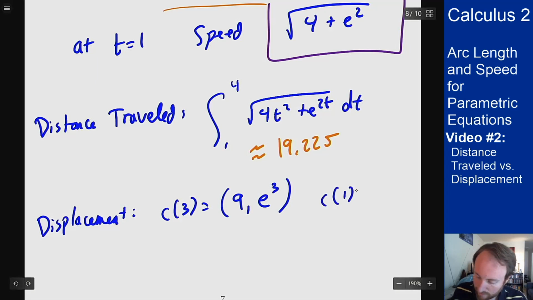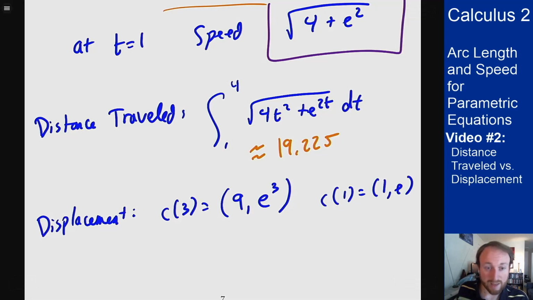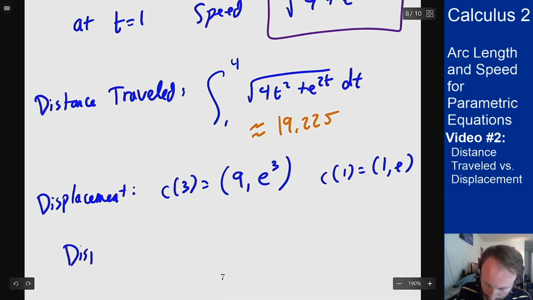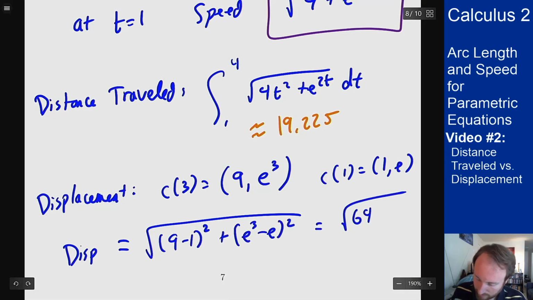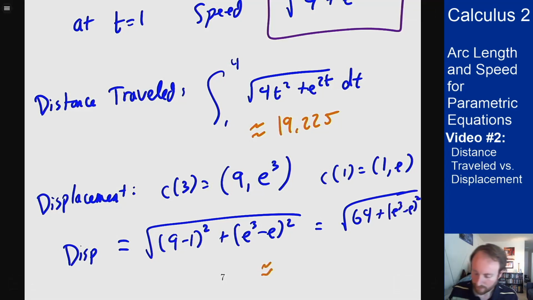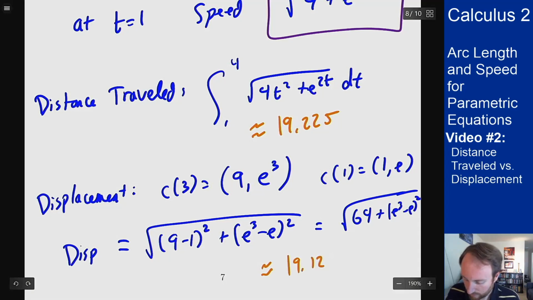And c of 1 is going to be (1, e), which means my displacement by the Pythagorean theorem is the square root of (9 minus 1) squared plus (e cubed minus e) squared, which is the square root of 64 plus (e cubed minus e) squared. If you work that out, the number you get is about 19.121.